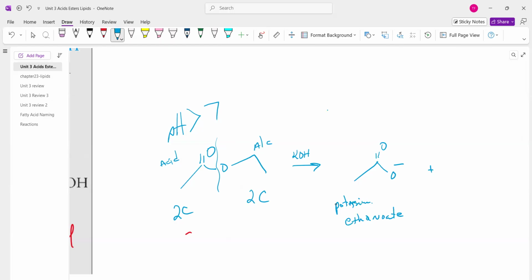And the 2 carbon alcohol is going to be ethanol.